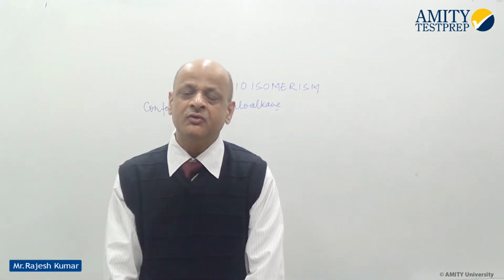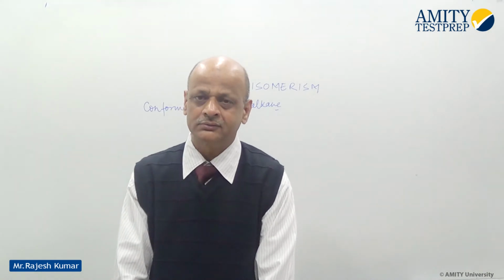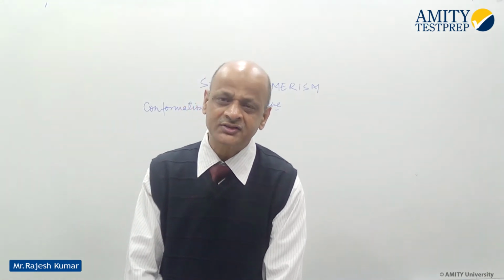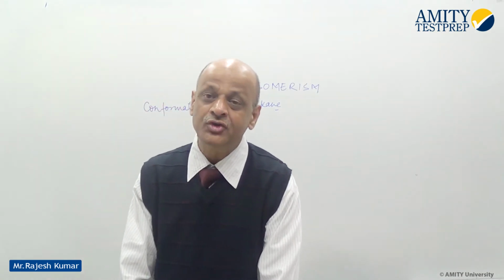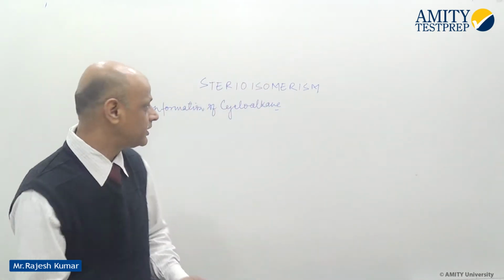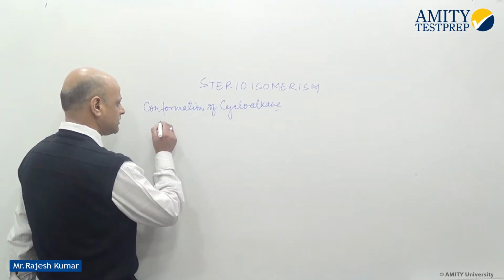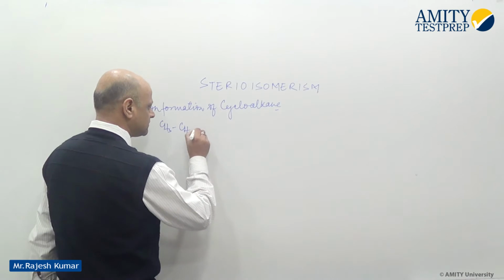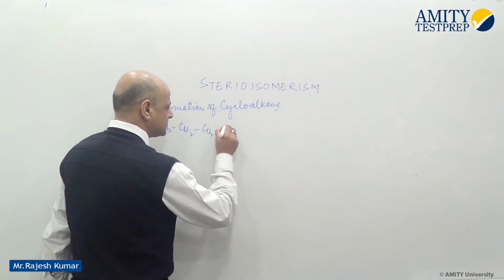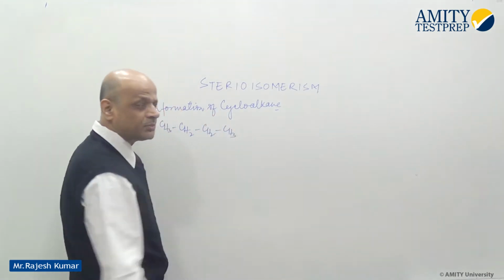Now we will discuss conformational isomerism in butane, and we will represent all the stages by the Newman projection or Newman method. See the butane: CH3, CH2, CH2, CH3. This is your butane.